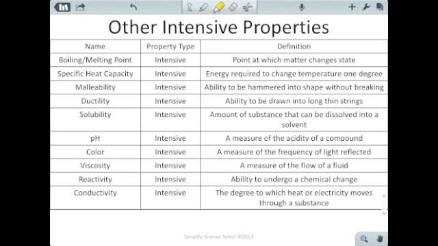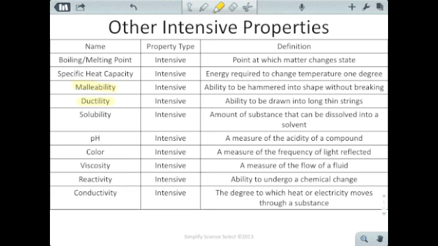We can look at malleability or being ductile. Going on down the list, we have solubility, pH, color, viscosity, reactivity, and conductivity. Those are things that do not change no matter how much or how little of the substance we have.